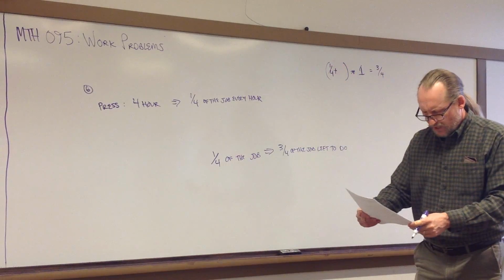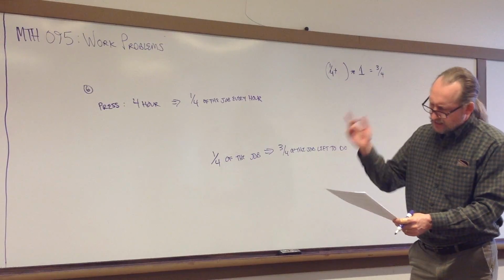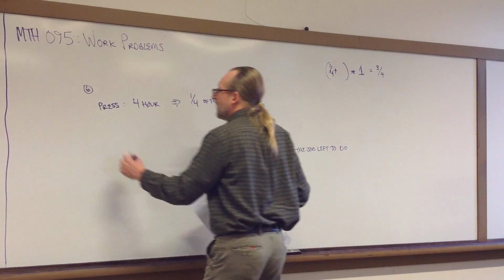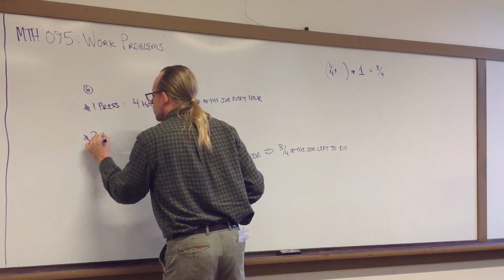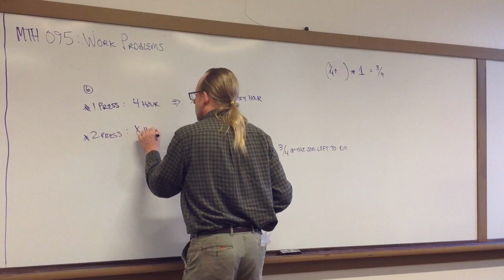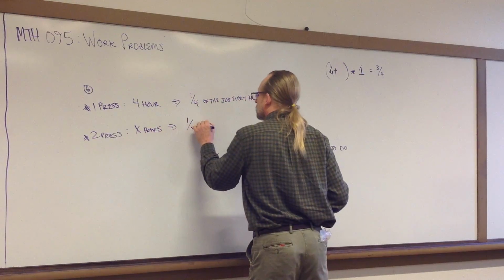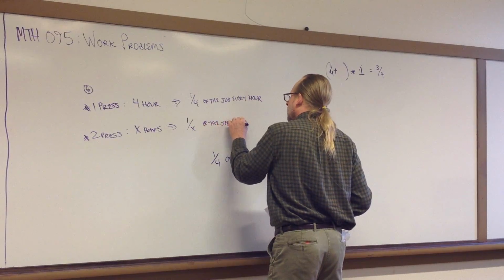What we don't know is how long it takes the other press to do the whole job. So this is press number 1. Press number 2, we don't know. We'll call it X hours, which means it's going to complete 1 over X of the job every hour.